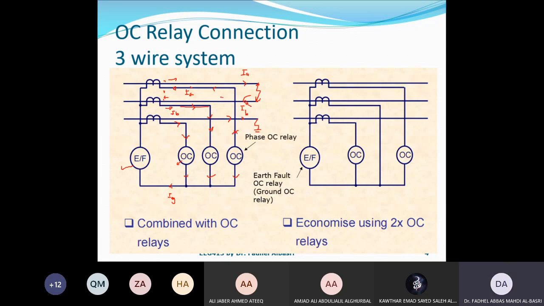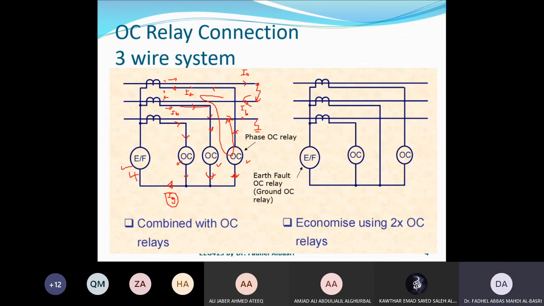So the current will flow something like this. As a result, if the current in the secondary side is higher than the pickup settings, this relay and this relay will operate, indicating a fault between B and C because both these two have operated. However, when you sum the three for the current IG, because this current is equal and opposite to this current, the summation of these two becomes 0. So there will be no current flow here, and this will not operate in this case.